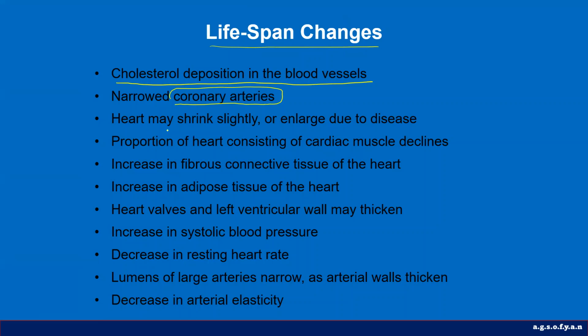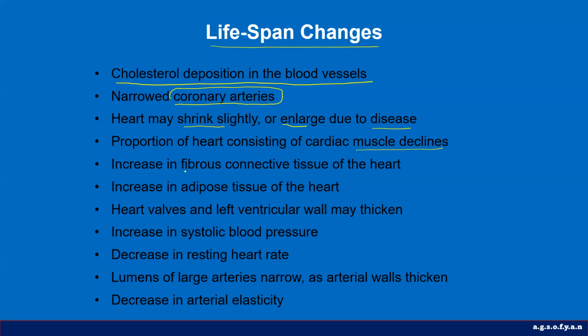The heart may shrink slightly or even enlarge due to some disease. The proportion of the heart consisting of cardiac muscle will also decline. So our heart muscle will be lower in the activity of pumping the blood.